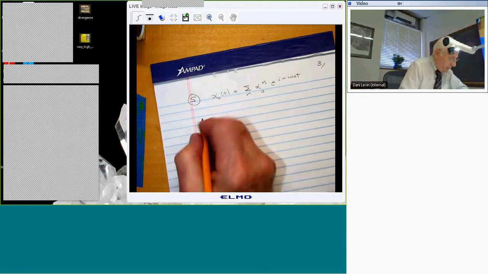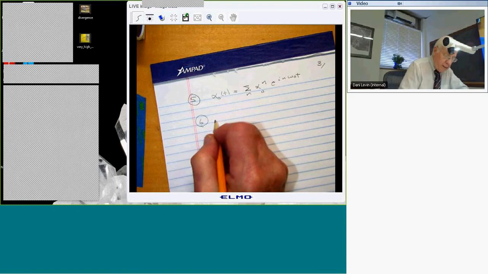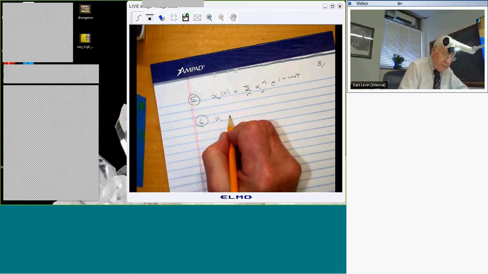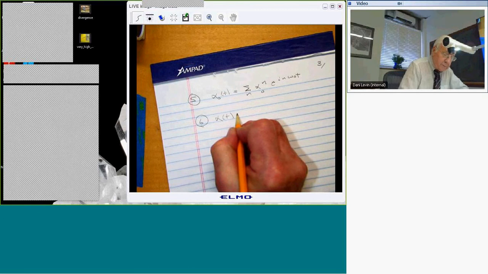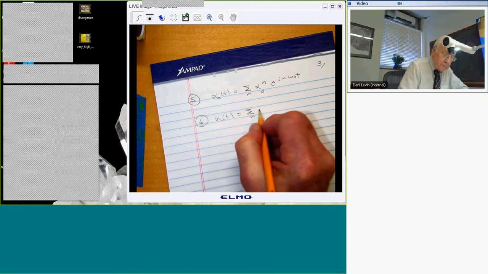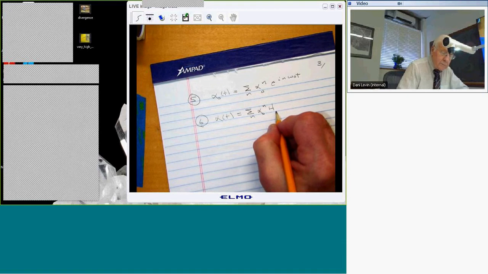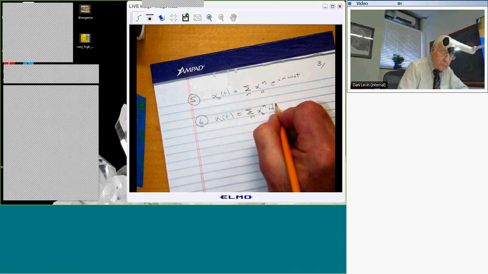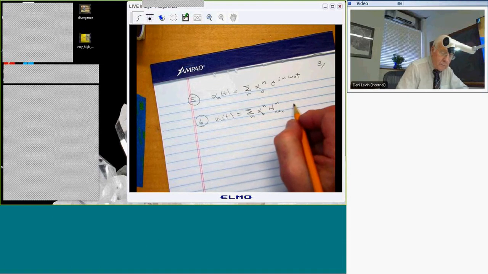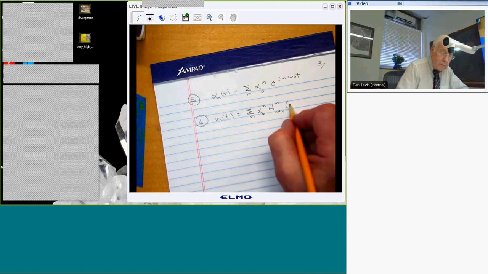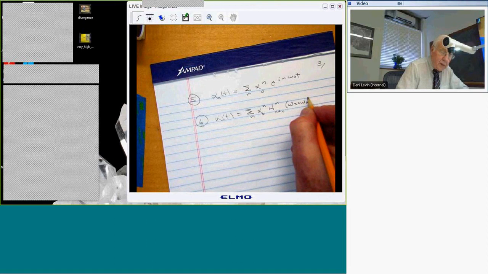Equation 6, again, is alpha... and I'll make this explicit since that'll be important.